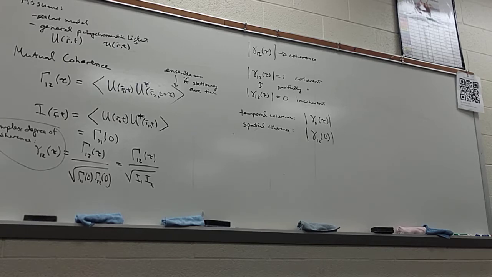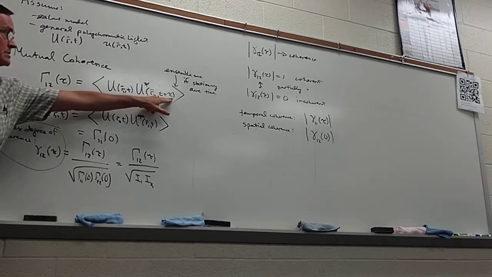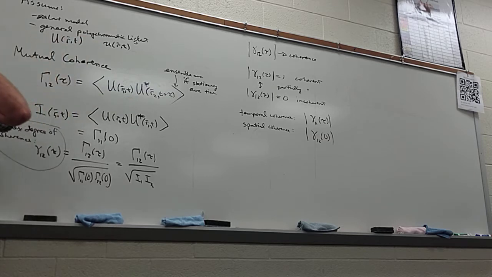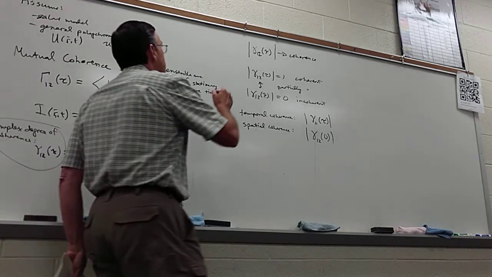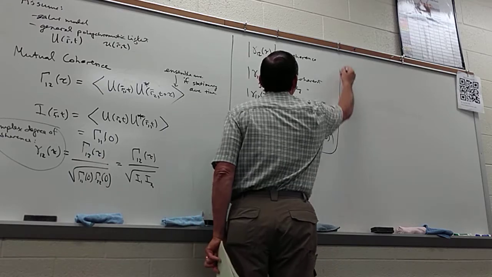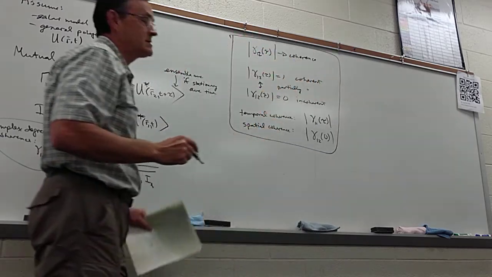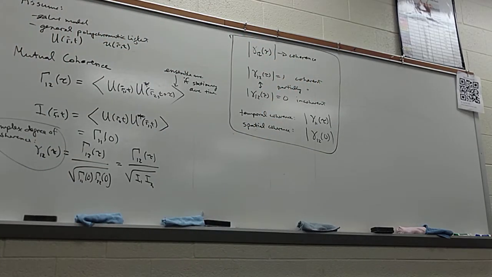Could be any time, right? Oh, it's tau is 0. Oh, okay, so the time shift is 0. Gotcha. Yeah, good question. Okay, so when we talk about coherence, that's it. That's what we mean by all those terms.